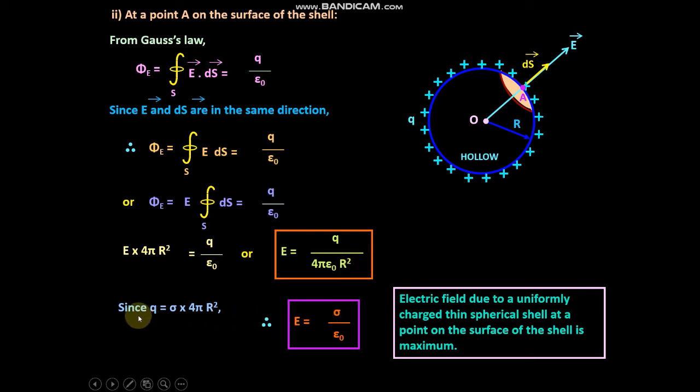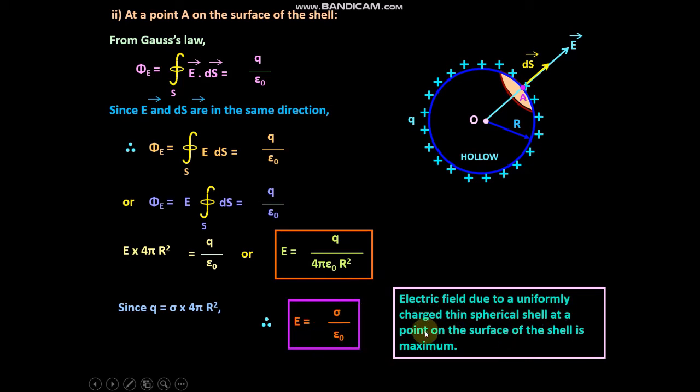Again here in this case, since when you are writing in terms of sigma, that is surface charge density, it is coming sigma by epsilon naught, because 4 pi and 4 pi are cancelled. Sigma into 4 pi r square, 4 pi and 4 pi are cancelled, and you are getting sigma by epsilon naught.